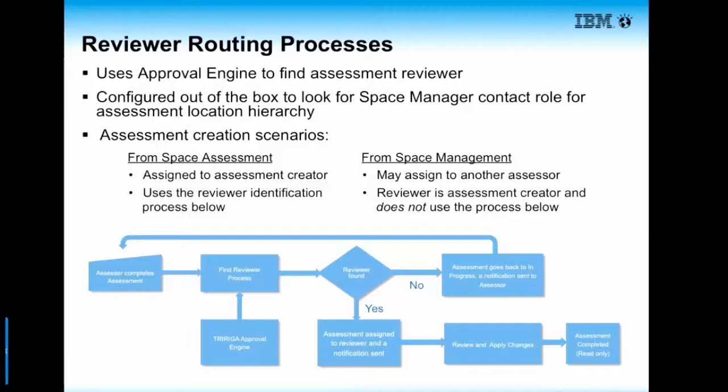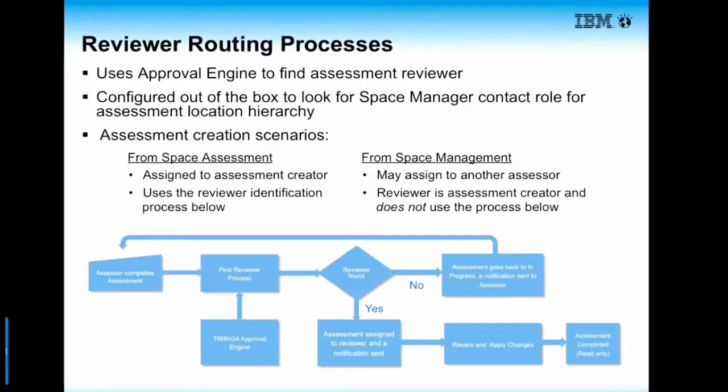So if you look at the diagram, this is how it goes. The assessor completes the assessment, and then we create a new find reviewer process. It goes to the find reviewer process, and it uses the approval engine.